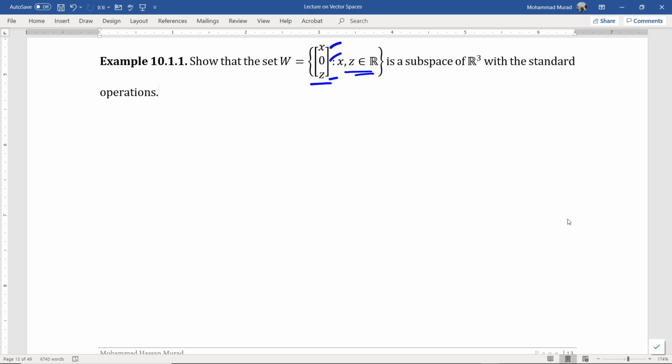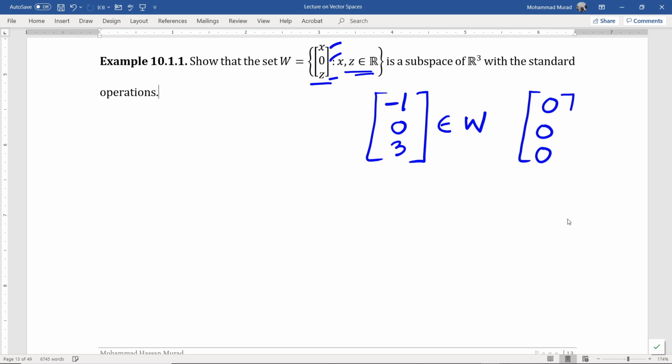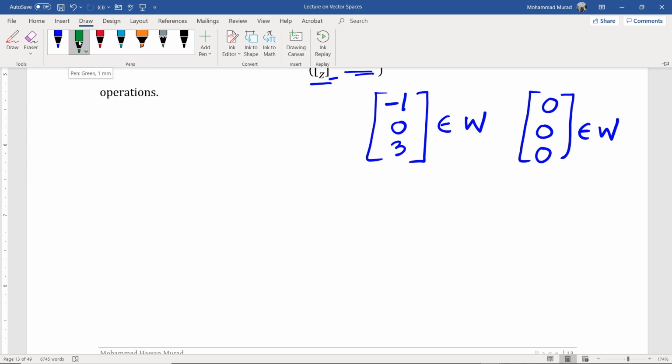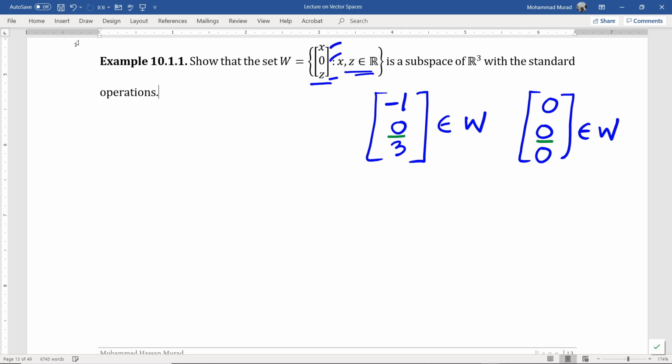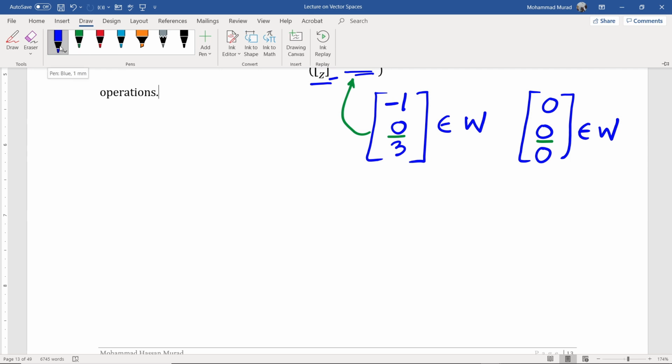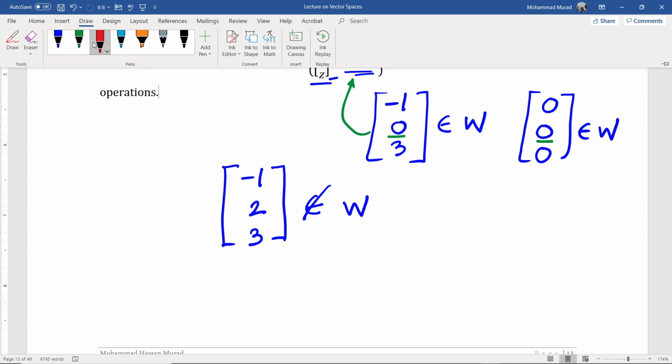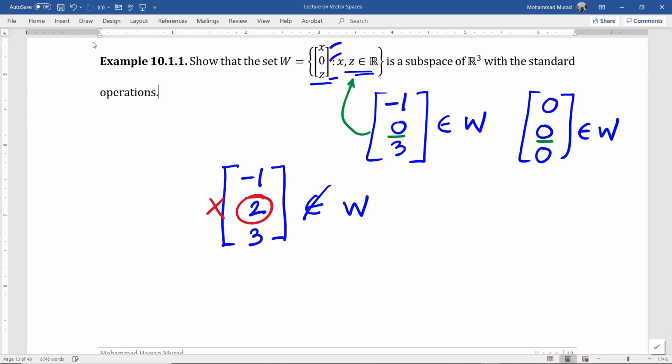For example, the vector (-1, 0, 3) is an element of the set W. Similarly, the vector (0, 0, 0) is also an element of W, because in each of these two vectors the second component is 0, so they meet the condition to be in the set W. However, the vector (-1, 2, 3) is not in the set W, since its second component is not 0.